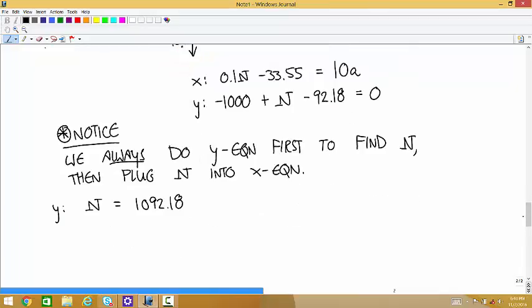Anyways, we'll get a new answer. And now plug that into the x equation. So we have 0.1 times 1,092.18 minus 33.55 is equal to 10a.